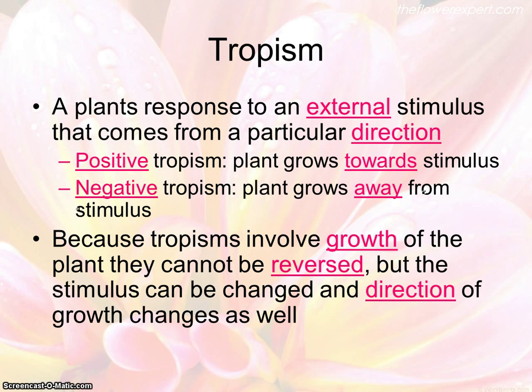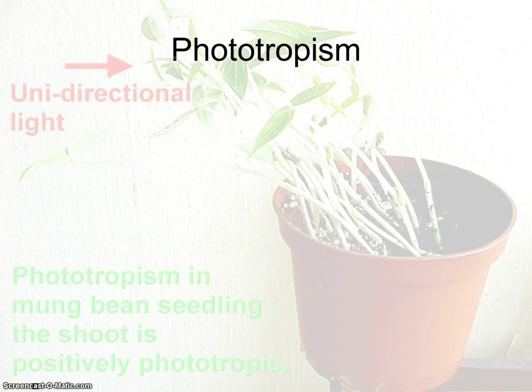Now, once a plant responds and triggers whichever tropism, whichever growth it's going to do, it can't undo that. However, if it finds that that's not a favorable decision, due to whatever factor, it can change direction of its growth, even though it can't reverse its initial response to whatever tropism it's exposed to.